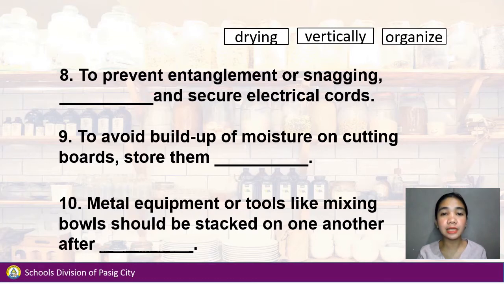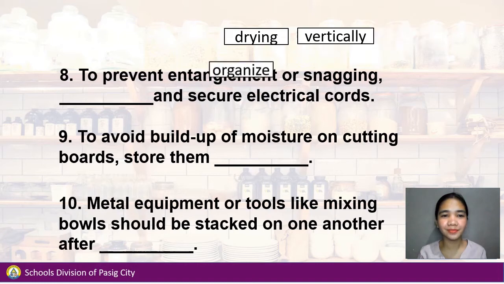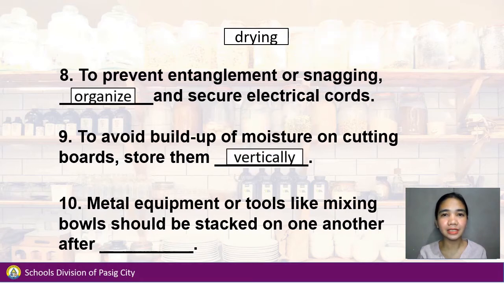To prevent entanglement or snagging, blank and secure electrical cords. Organize. Number 9. To avoid build-up of moisture on cutting boards, store them vertically. And of course, for number 10, metal equipment or tools like mixing bowls should be stacked on one another after drying.